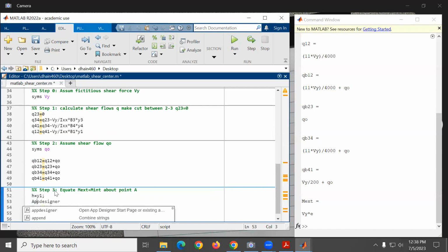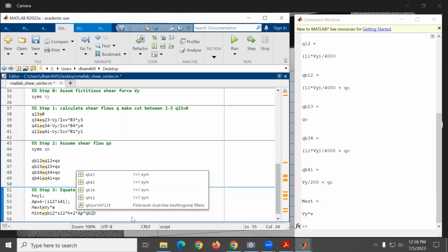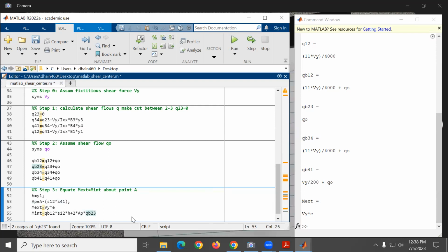So A prime was equal to A minus S12 times S41. All right. So A prime times Q bar 23 plus, okay.